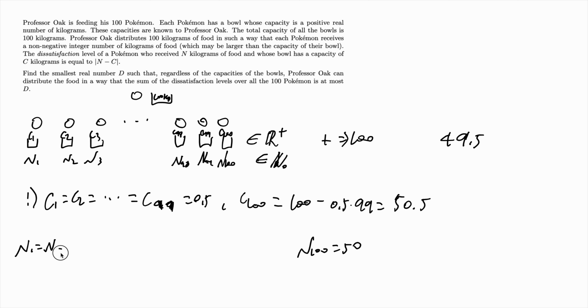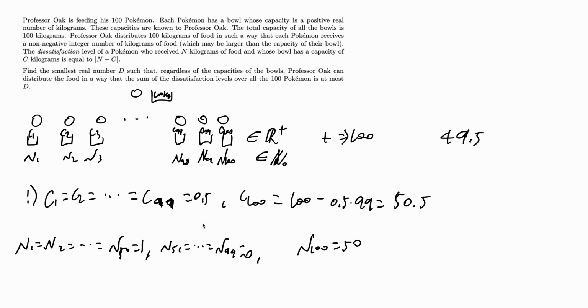N sub 1 equals N sub 2 equals up to N sub 50 equals 1, and N sub 51 through N sub 99 equals 0, because it's non-negative, it can be 0.